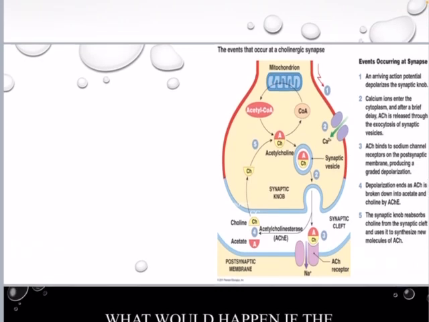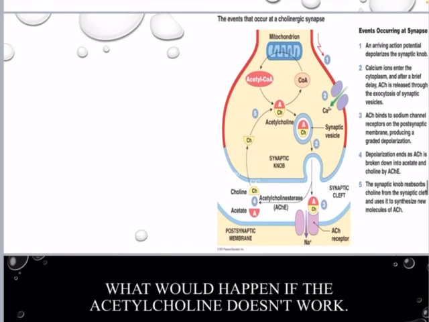An arriving action potential depolarizes the synaptic knob. Calcium ions enter the cytoplasm, and after a brief delay, ACh is released through the exocytosis of synaptic vesicles. ACh binds to sodium channel receptors on the postsynaptic membrane, producing a graded depolarization.